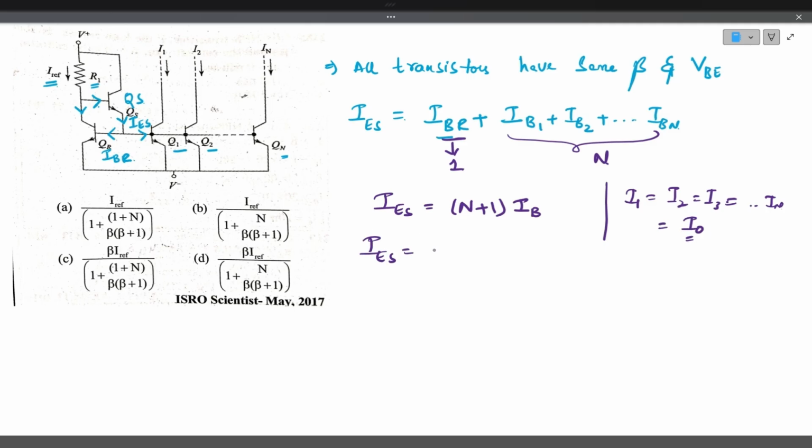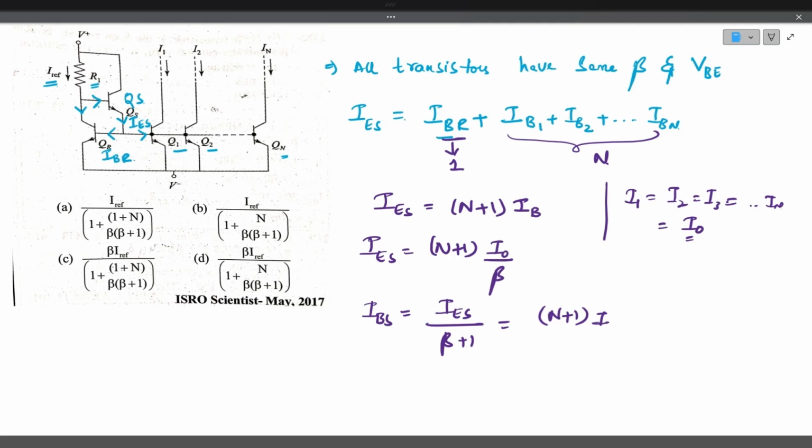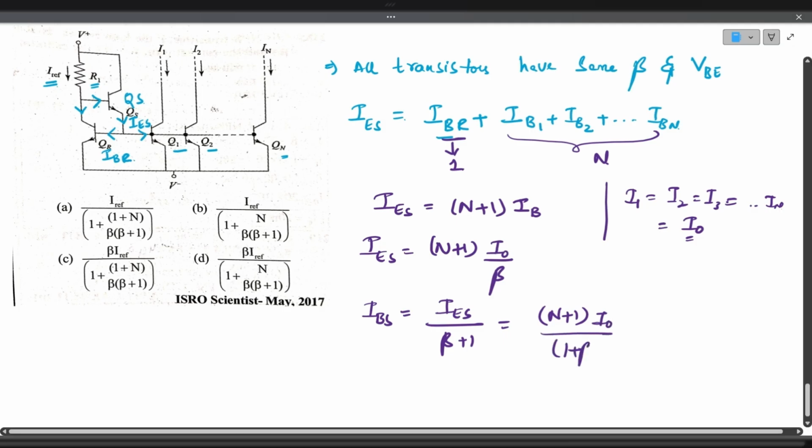IES is equal to N plus 1, with the base current written as I0 divided by beta. Now the base current of the QS transistor is nothing but the emitter current divided by beta plus 1. So you can write this as N plus 1 times I0 divided by 1 plus beta multiplied by beta.